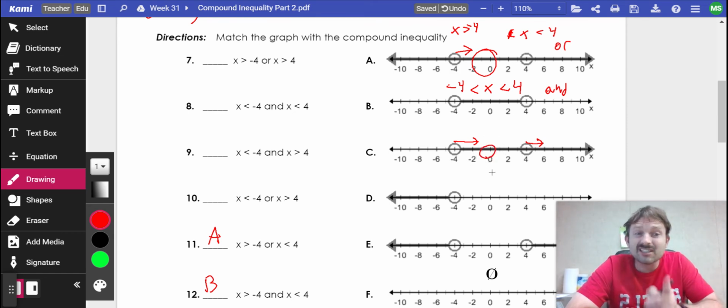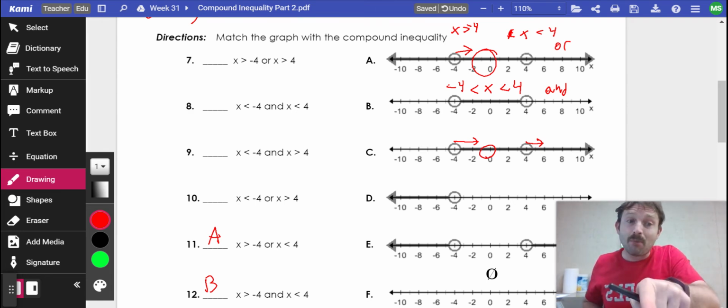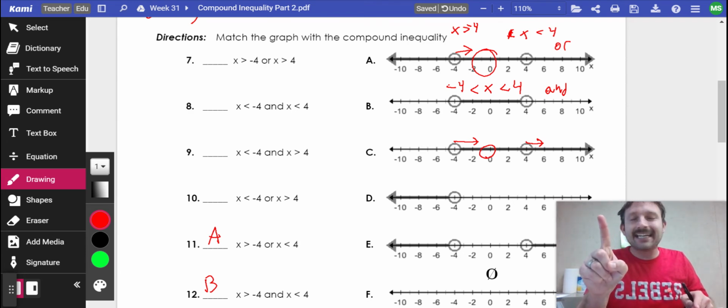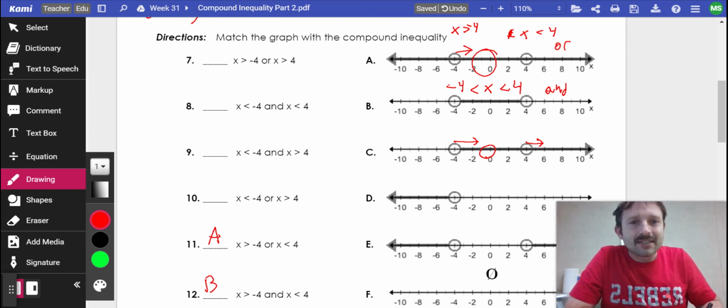If they include something that doesn't overlap, because that middle part does not overlap, but they still shade it in, then that means it's either an "and" or an "or." If it includes a one line, it is "or." So this has to be an "or."